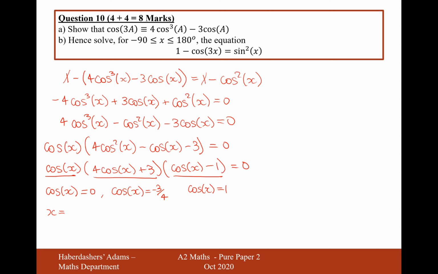Cos of x equals 0. Let's just draw the cos graph in between minus 90 to 180. It looks like this: minus 90 here, 0 here, maximum point of 1, 90 degrees here, 180 degrees here, minimum point of minus 1.